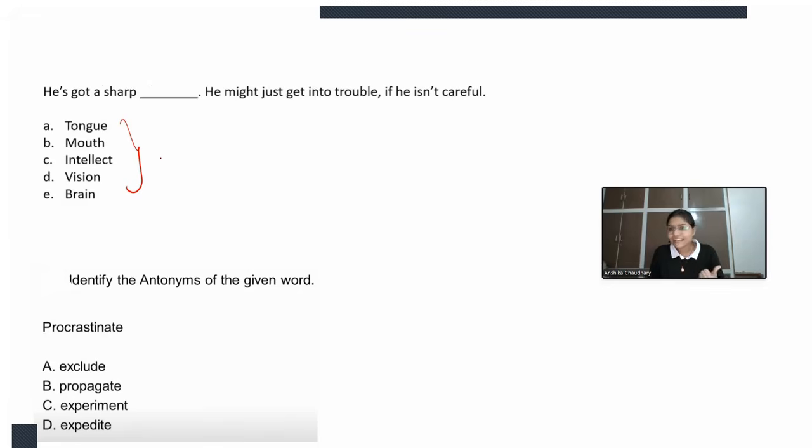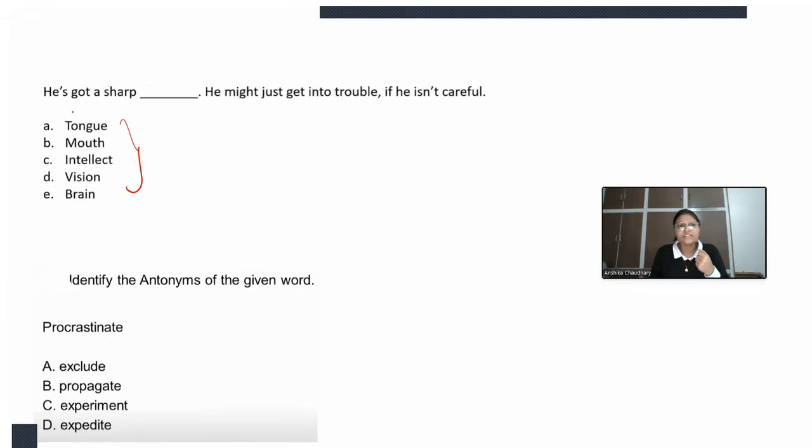No, right? Intellect. If someone has a sharp intellect, he is never going to be in trouble, right? Vision. Again, if you have a good vision, why will you be in trouble? Again, if you have a good brain, why will you be in trouble? But if you have a sharp tongue, that is something you should be careful about, because the tongue should be sweet, right?